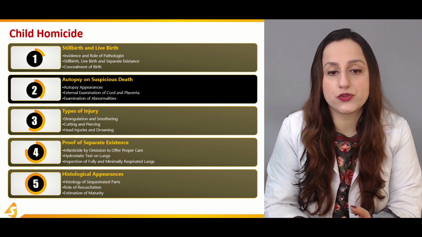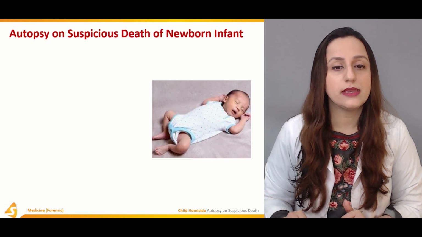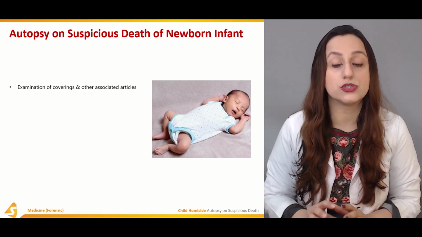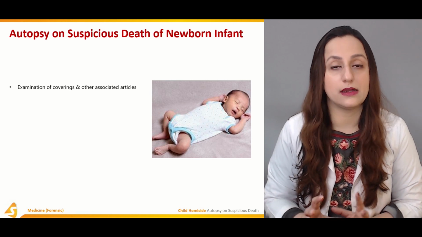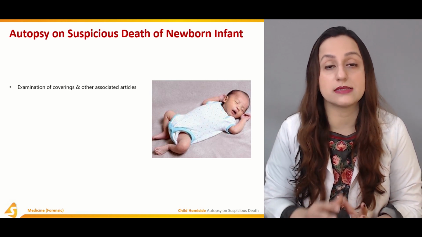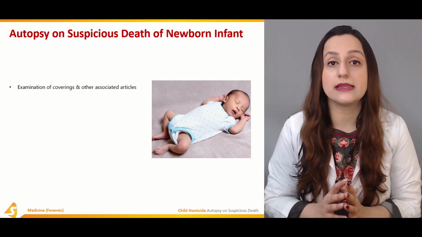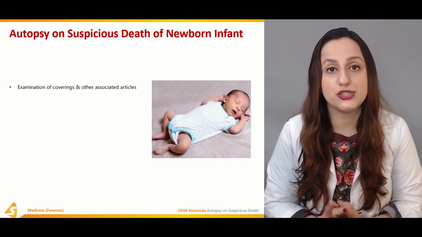So that has to be looked for in this investigation. Over here, the autopsy on a suspicious death of a newborn infant. Maybe it's a viable infant, of course, that is after 24 weeks of gestation, there is a live birth, and there is suspicion of foul play because the infant or the neonate died during that period.